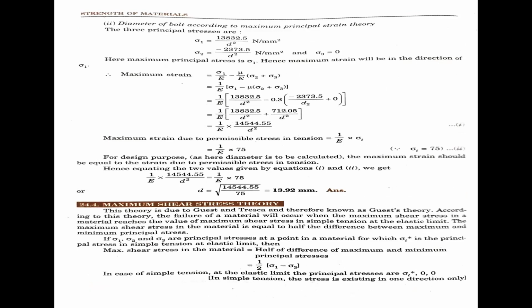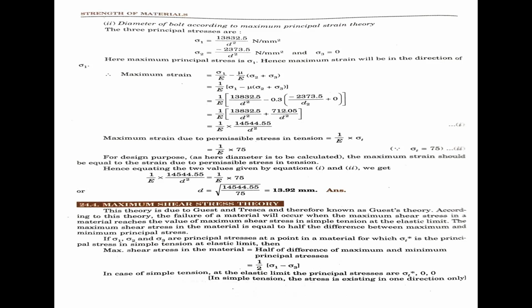According to this theory, the failure of a material will occur when the maximum shear stress in the material reaches the value of maximum shear stress in simple tension at the elastic limit. The maximum shear stress in the material is equal to half the difference between maximum and minimum principal stress. That is the main concept of maximum shear stress theory.